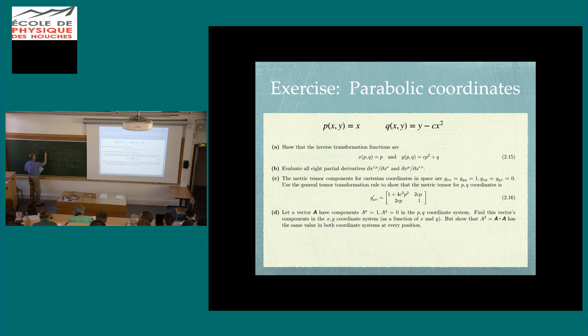A^x is equal to the partial of x with respect to p times A^p plus the partial of x with respect to q times A^q, which is what? Well, this is 1 times that, which is 1, and dx/dq is 0, so forget it.